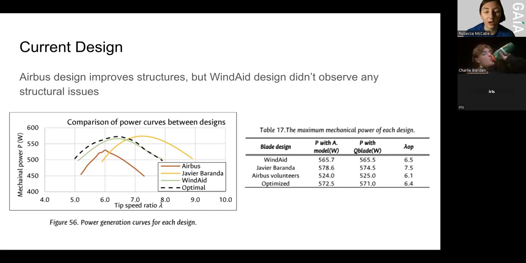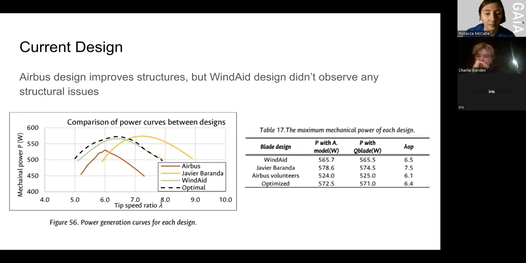A student did their thesis and went through the numbers and found out that WindAid's current design is pretty close to what is aerodynamically optimal. So that green line is pretty close to that black dashed line. That thesis is Santiago's thesis. You can find it in the technical resources spreadsheet.